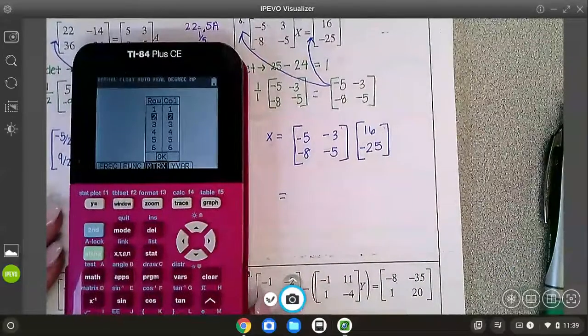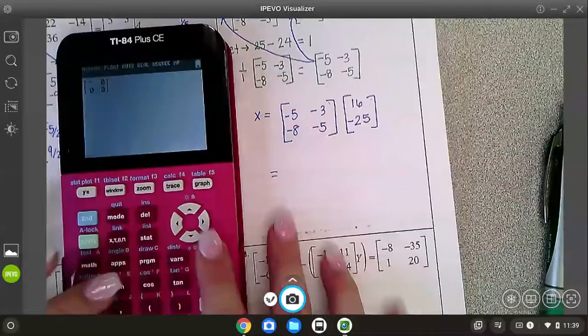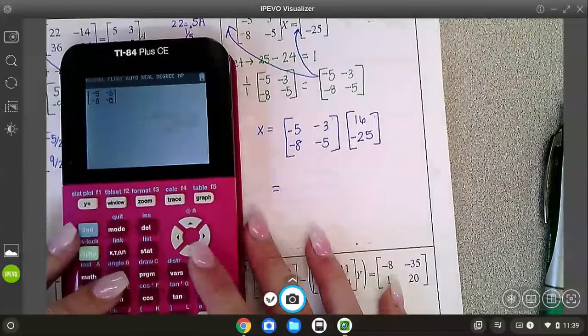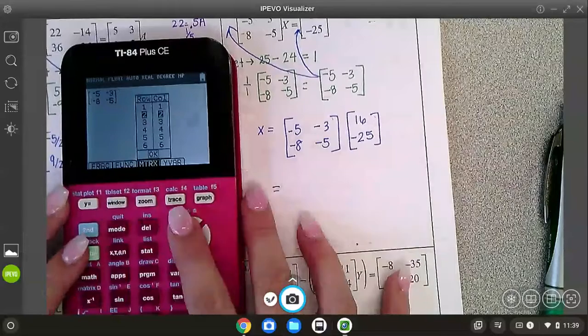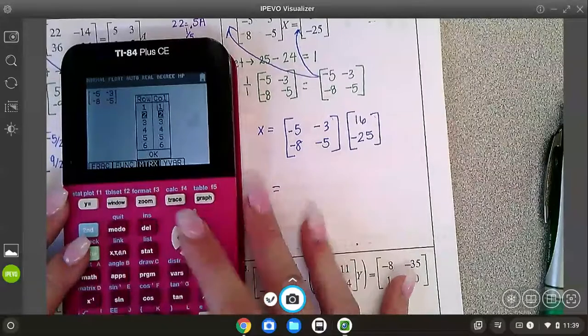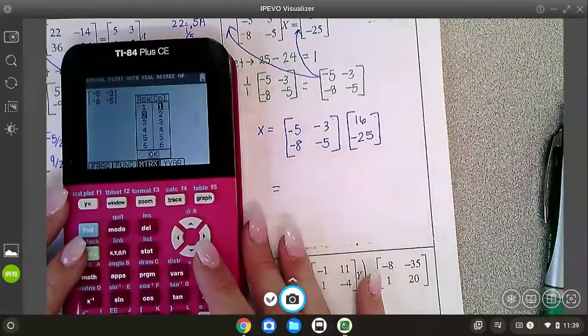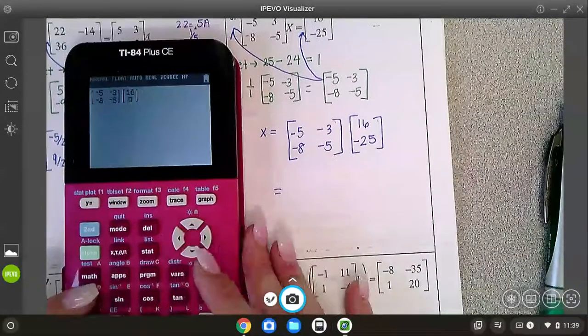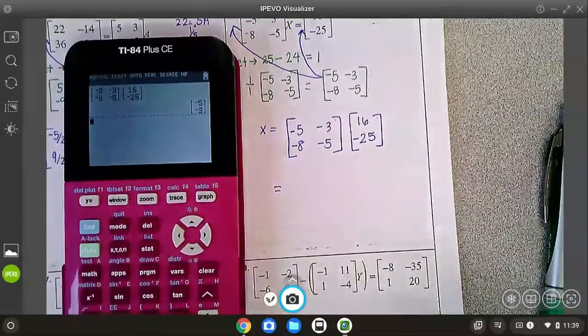So alpha zoom, put in the 2 by 2 first. Now be careful when you go to do your second one, it's a 2 by 1. If you mess up your dimensions, you got to retype the whole thing in.